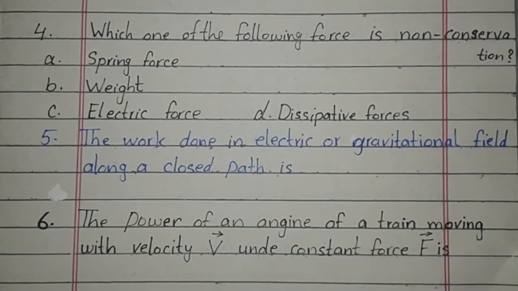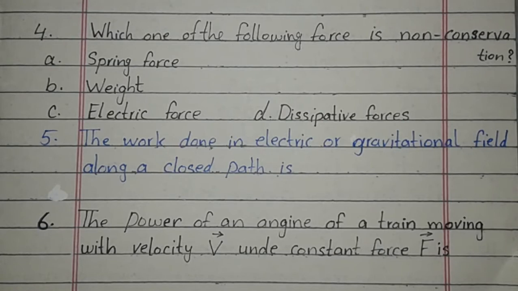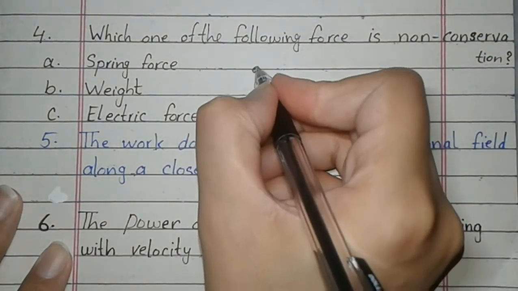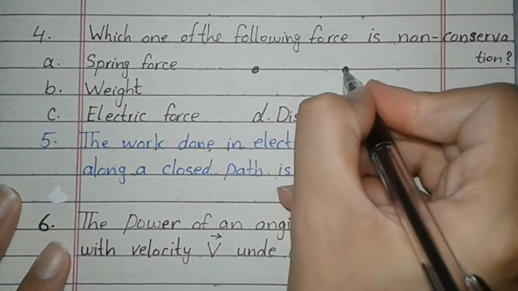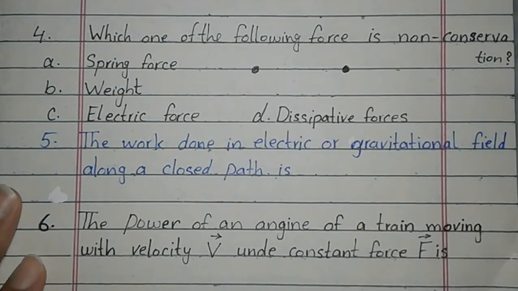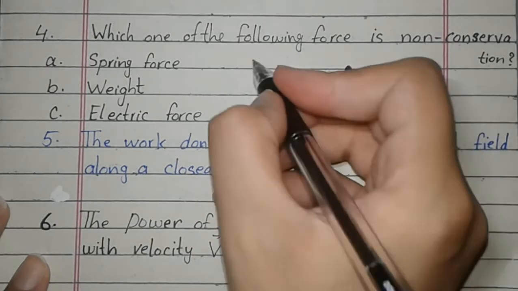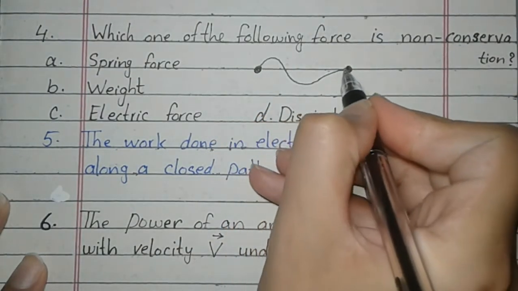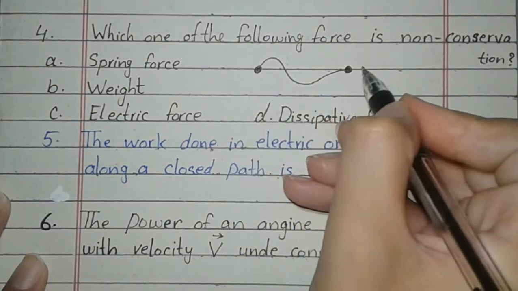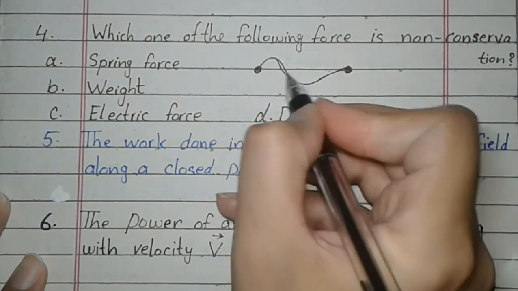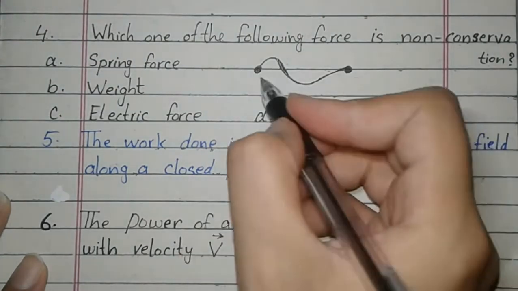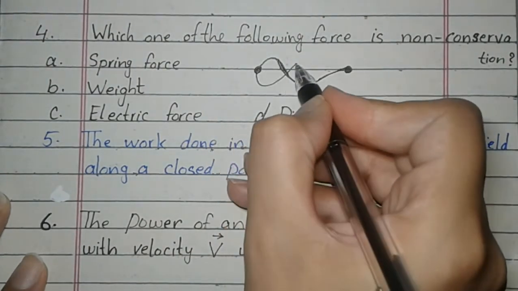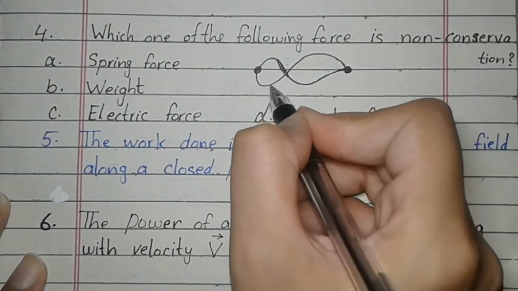Next one. Which one of the following forces is a non-conservative force? So what is a non-conservative force? First, we need to know what a conservative force is. We have 2 points, and the work done on this path is path 1, and next the work done here is on path 2.